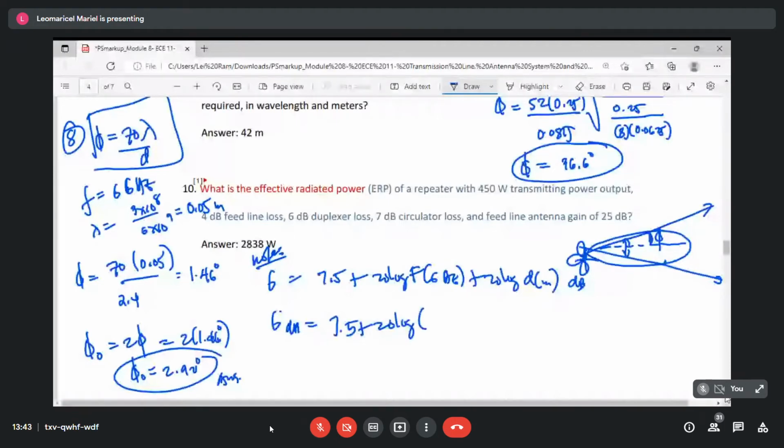And then plus 20 log of the diameter, 2.4. Okay? How many?